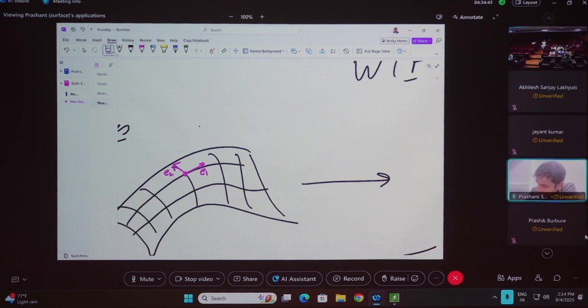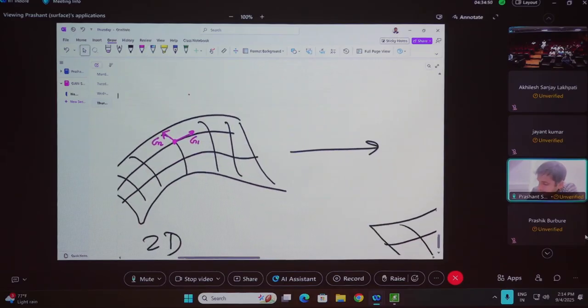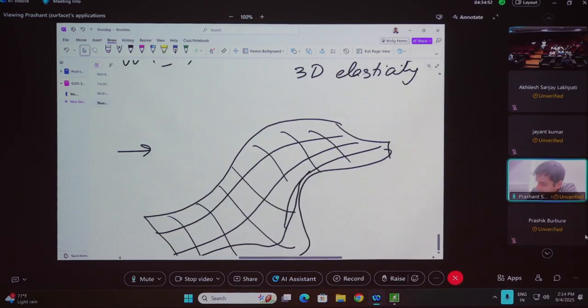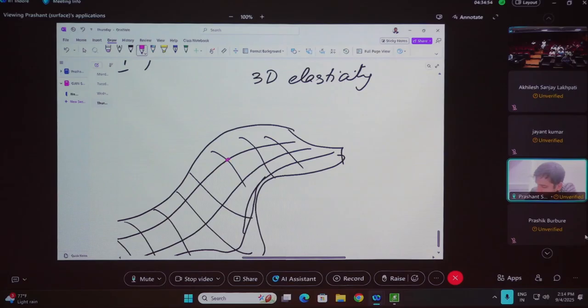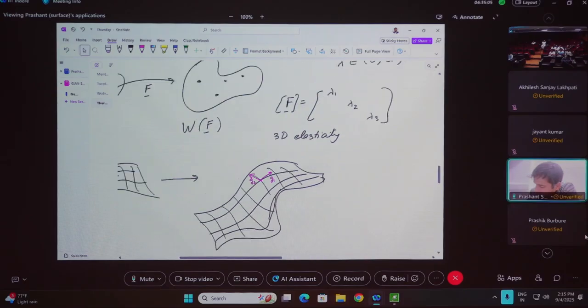Maybe this is a reference configuration, so we call it G1 and G2. And the same point undergoes the deformation here, and we look at the local surface vectors, small g1 and small g2, right?